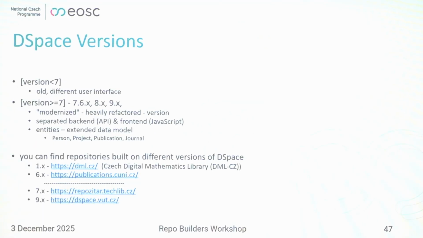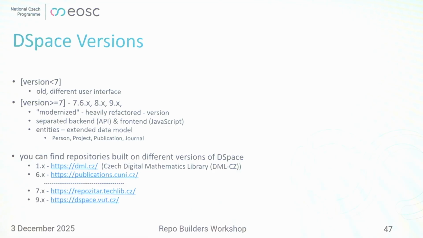When I'm talking about DSpace, it may be interesting to mention that there are different versions. As this system is quite old, the versions before version 7 were done differently. Version 7 was a very big refactoring when they changed it to the philosophy of these APIs and front end.